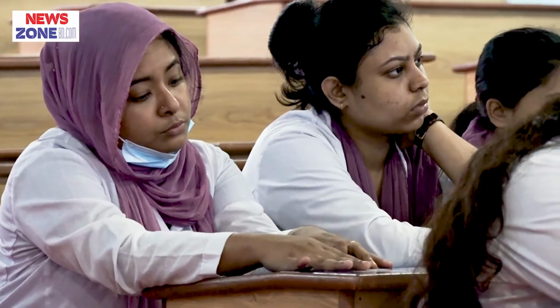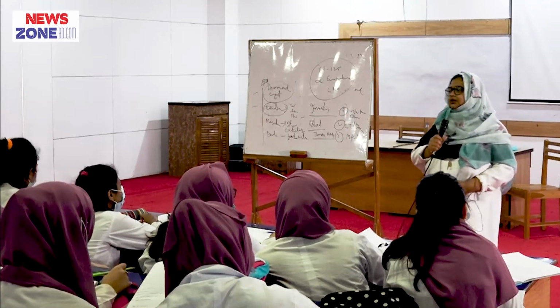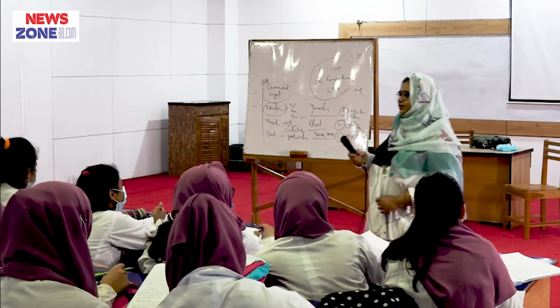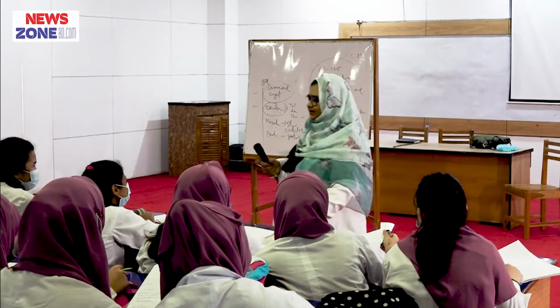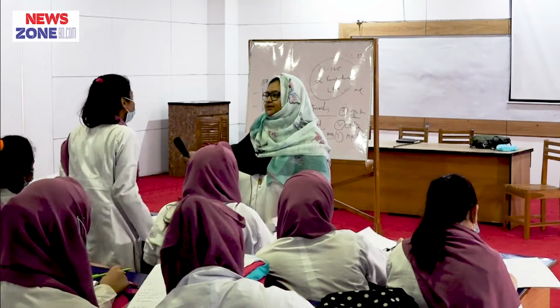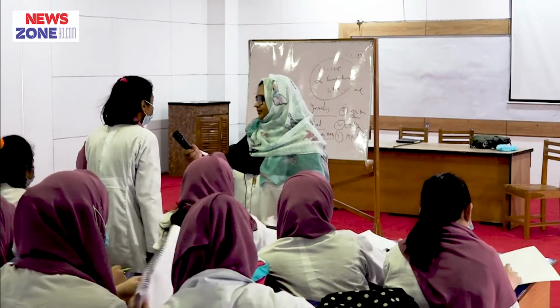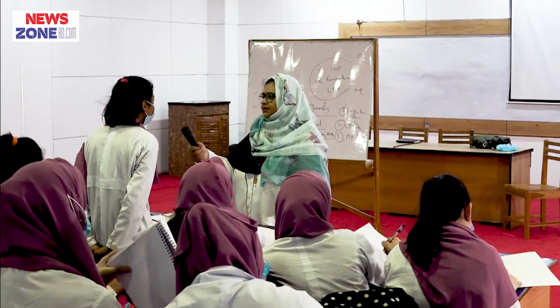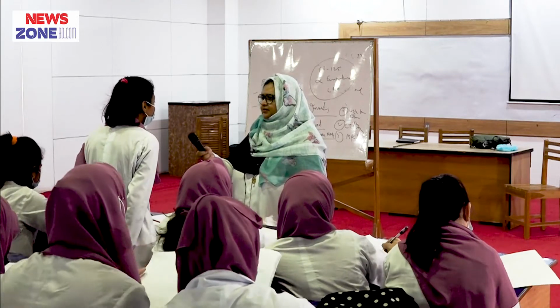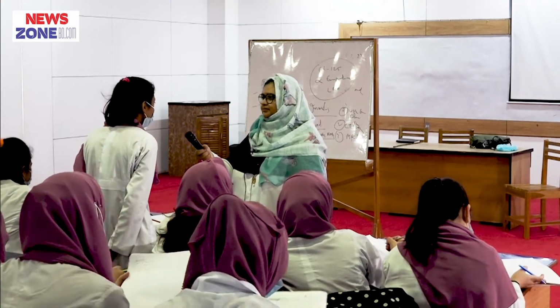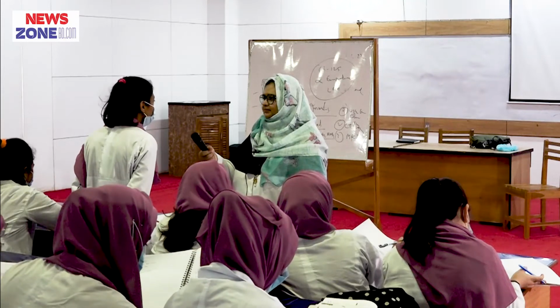Could you follow the class or not? What did I tell? You can see me. Investigation: what are the investigations? First of all, USG, ultrasonogram of the pelvis. Then CT scan. After that, MRI and blood investigations for tumor marker.